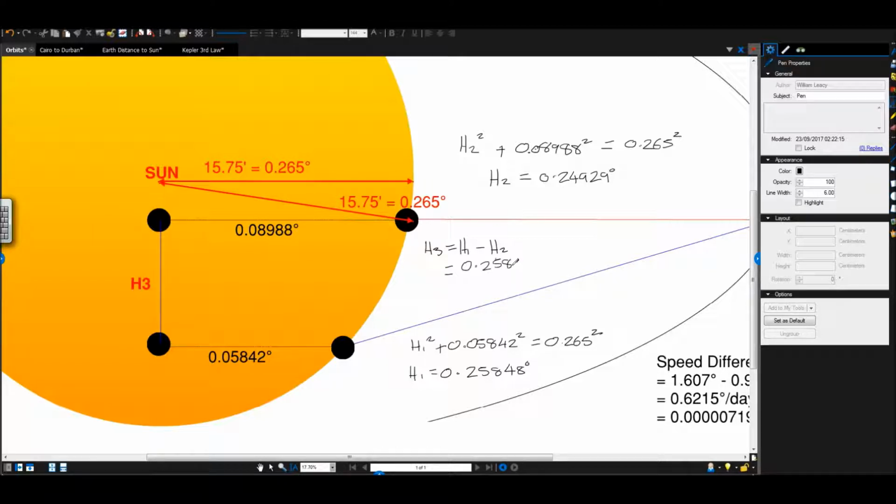0.25848 minus 0.24929. That equals, what does that equal? 0.25848 minus 0.24929. So I get 9.19 times 10 to the minus 3.